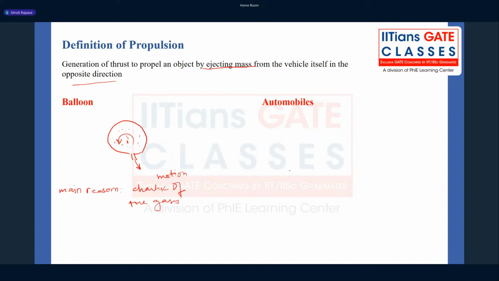Similarly, when we look at the automobile system, let's say this is a reference line for the ground, and let me consider this to be the wheel of an automobile system. So this wheel is going to rotate, and it is going to make the vehicle move in a forward direction.